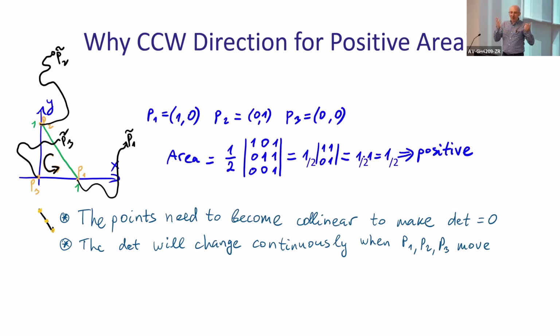They will become linear combinations of each other, which means the points are sitting on the same straight line. So to pass from positive to negative, you actually need all of the points to become a straight line, because if all 3 points are sitting on the same line, it's not a triangle anymore, right? It's a straight segment with 3 points on it, okay?